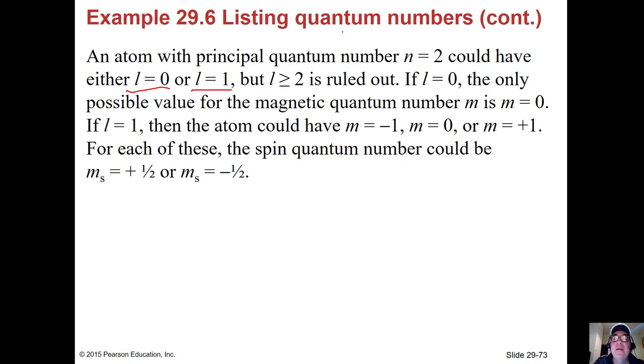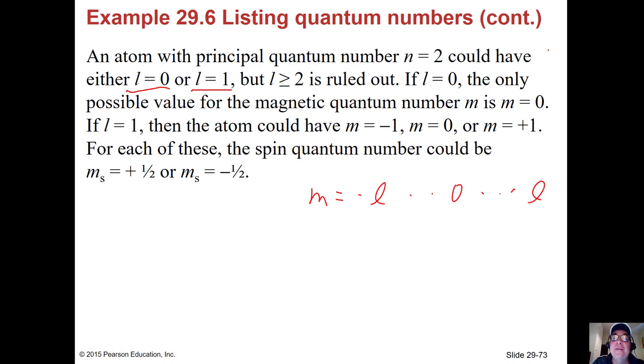Okay, so if l is equal to 0, the only possible value for m is 0. Remember how m goes: negative l, etc., 0, all the way up to positive l. So it just depends on what l was.